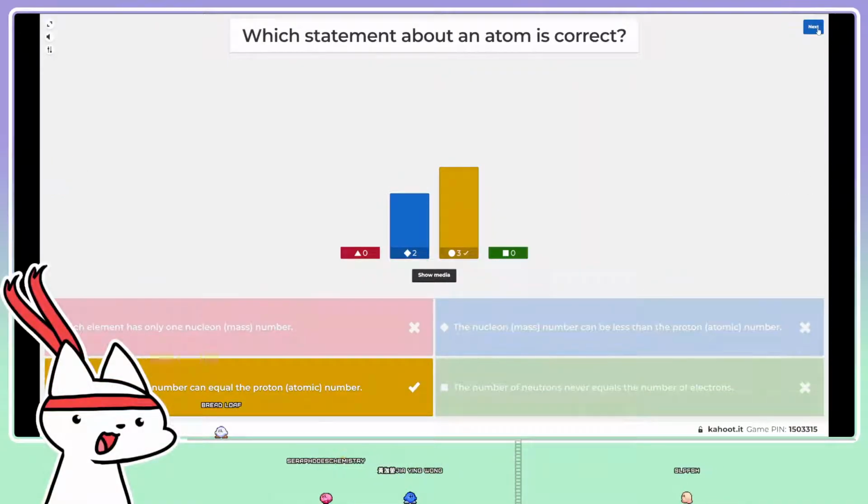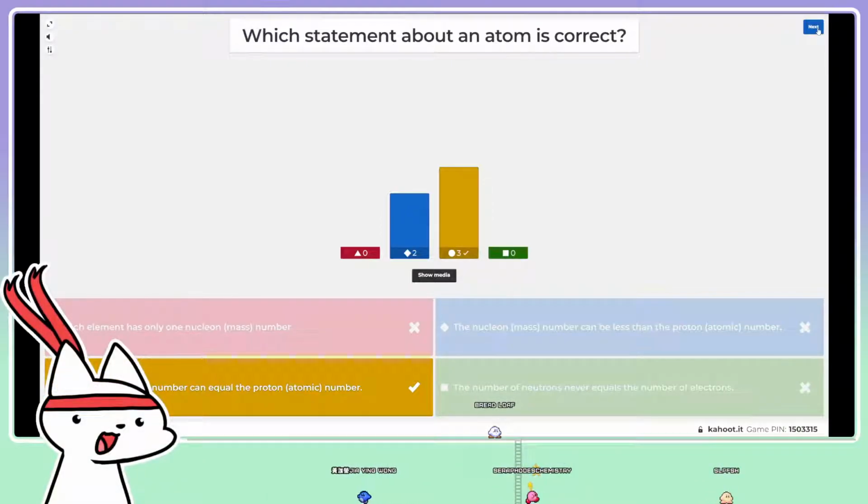Okay, so we have blue and we have yellow as a whole. When it comes to blue, mass number is proton plus neutron. Proton plus neutron add together to form mass number, also known as nucleon number. Therefore, mass number can never be lesser than proton.